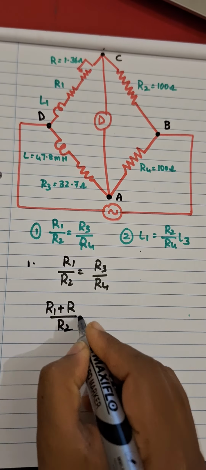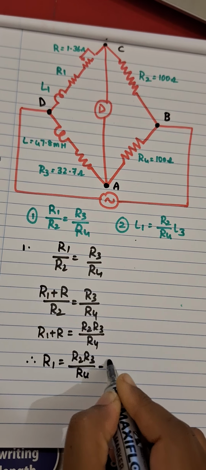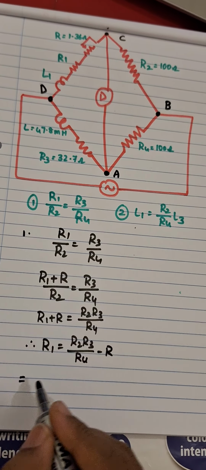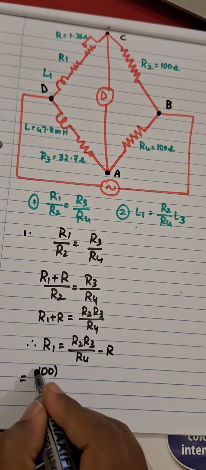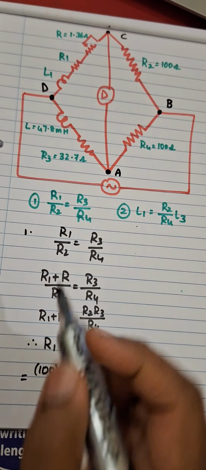R1 plus R by R2 is equal to R3 by R4. Now we can write it as R1 plus R is equal to R2 R3 by R4. Therefore, R1 is equal to R2 R3 by R4 minus R. So this is our formula now. This is equal to R2 is 100. R3 is how much? 32.7.